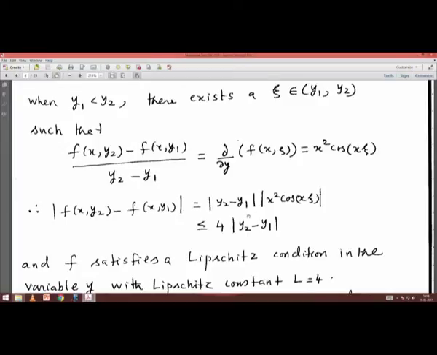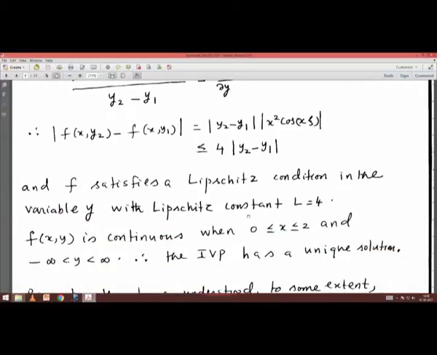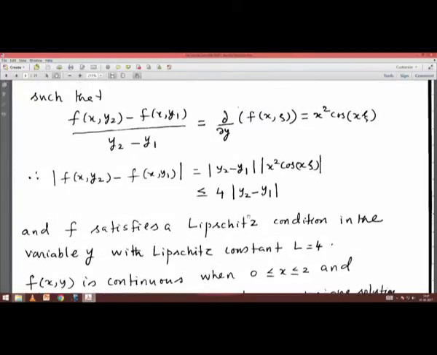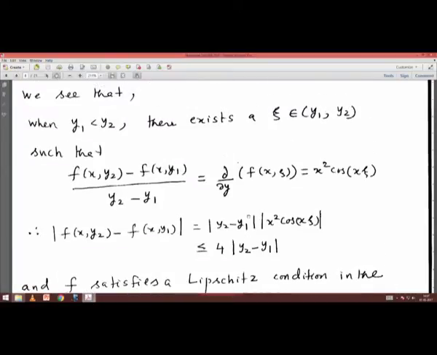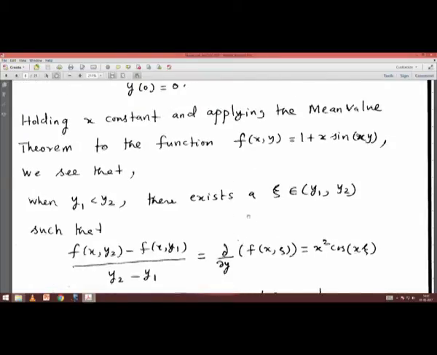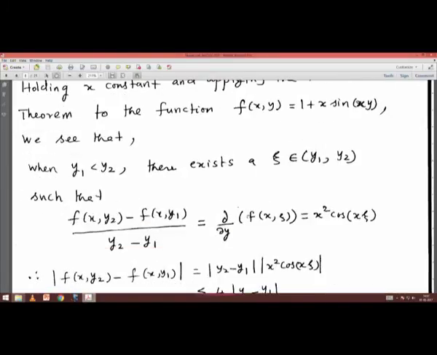So, if you rewrite that, then you get modulus of f(x, y2) minus f(x, y1) is mod (y2 minus y1) into mod x squared into cos(x psi), but that is less than or equal to 4 times mod (y1 minus y2), because your x is such that x lies between 0 and 2.